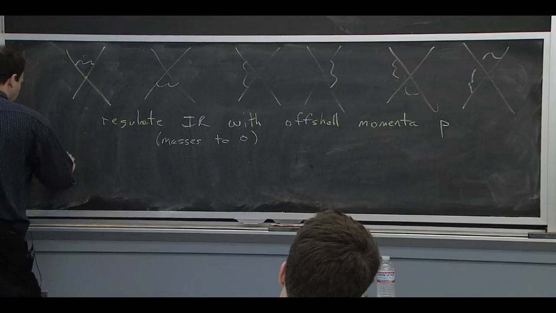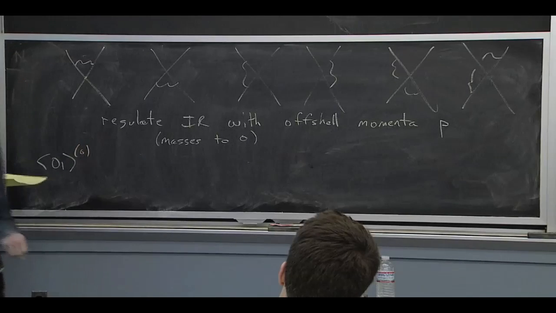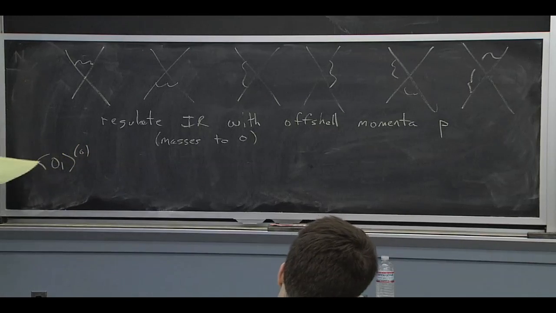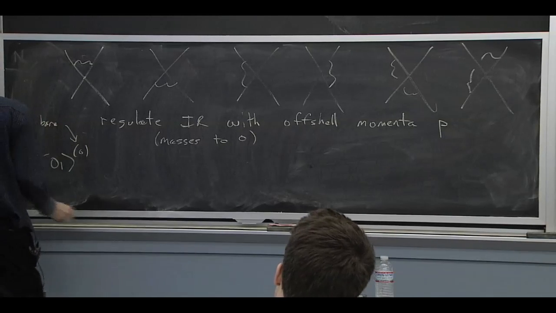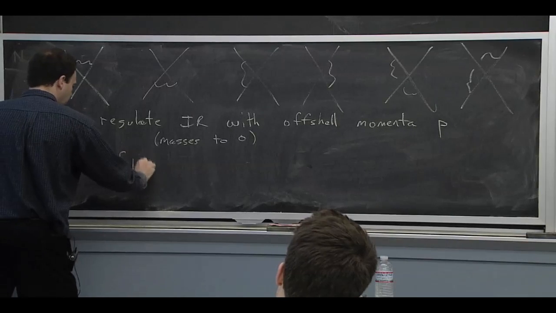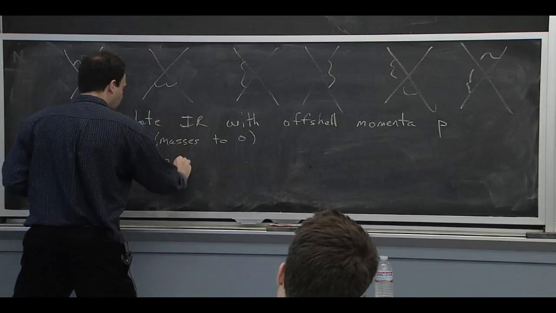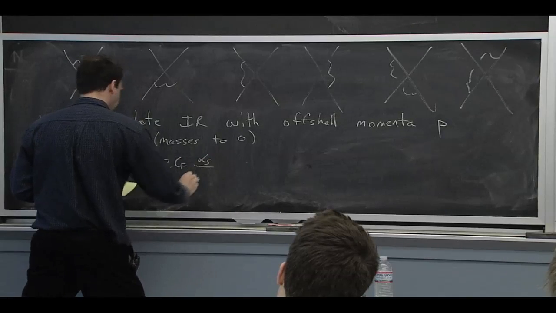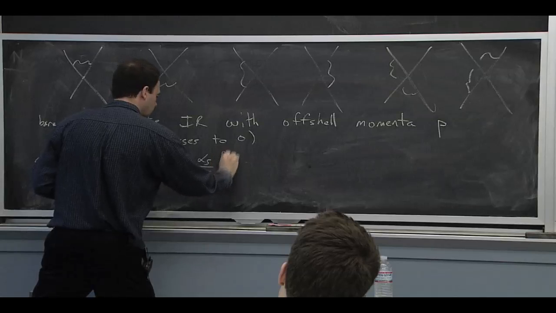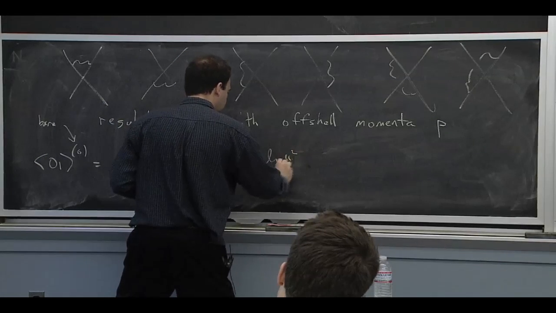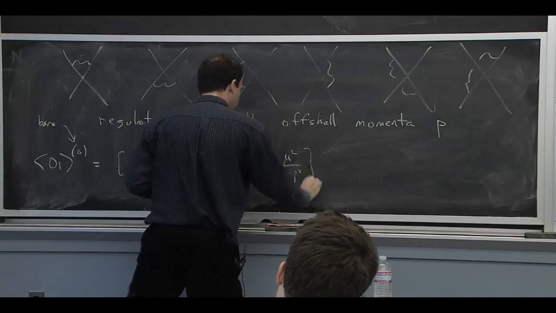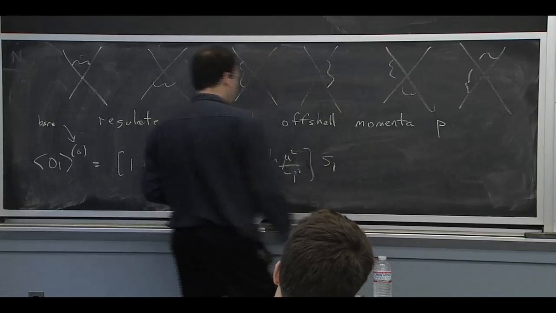OK, so then what does it look like? So the matrix element of O1, the 0 means bare, is going to have divergences, and it has the following structure. Times spinor 1.